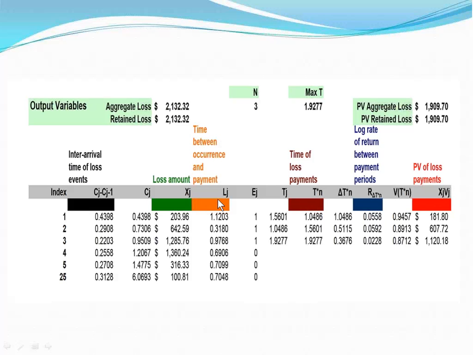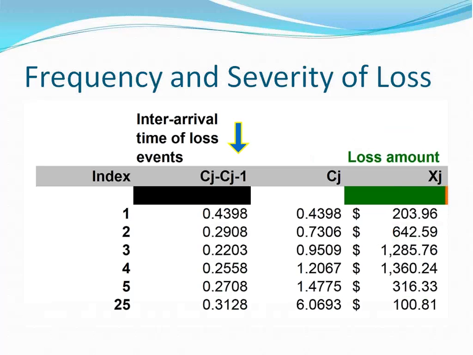In the end, our objective is to take the present value of these payments and find the characteristics of the present value of aggregate loss payments. We start by simulating inter-arrival time of loss events. We take the cumulative sum of these inter-arrival times to come up with the dates for the loss events.